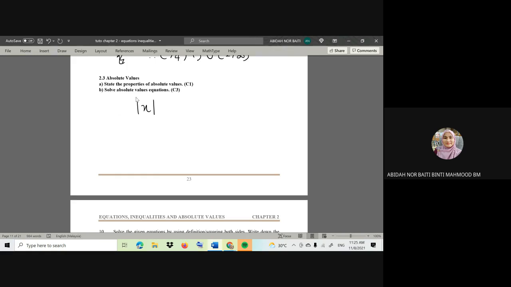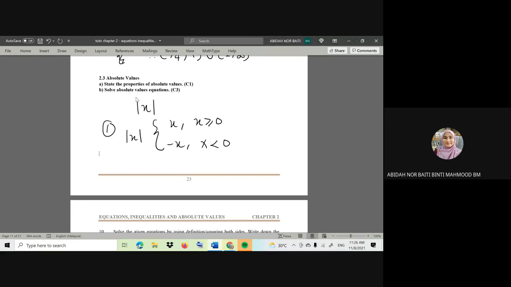For the first definition, modulus of x is positive x if x is greater than or equal to 0, and negative x if x is less than 0. This is the first definition.